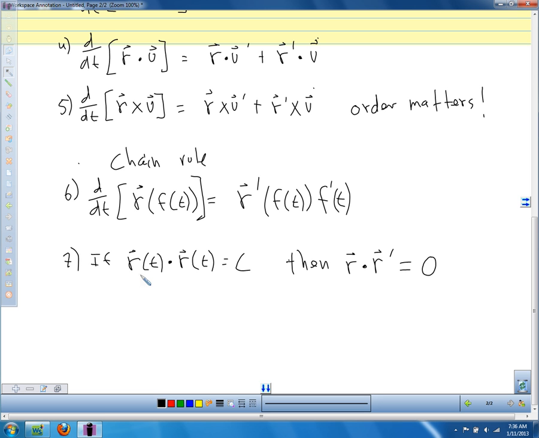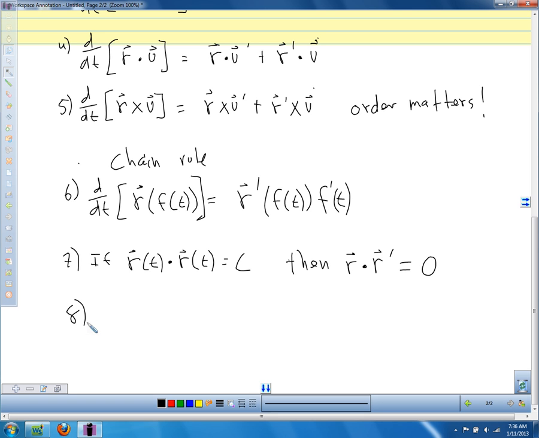Nobody remembers? That's the square of the magnitude. So the square of the magnitude is constant here.